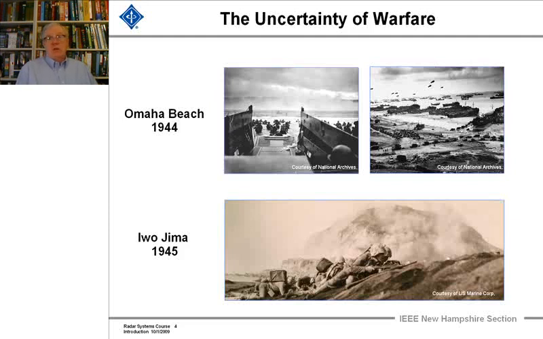And on Iwo Jima, there was just no way that they had of knowing how entrenched the Japanese were, as you can see there on the island of Iwo Jima in Mount Suribachi, and how difficult and devastating the attack would be. And so the less uncertainty there is, the better you like it if you're a commander of war for your troops and for the outcome of the battle.